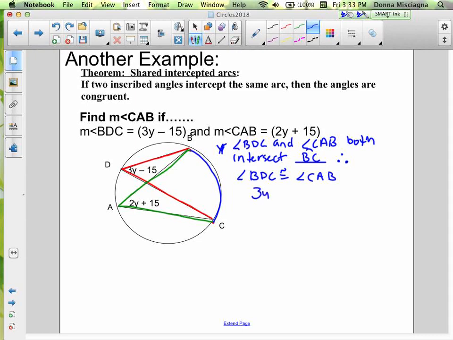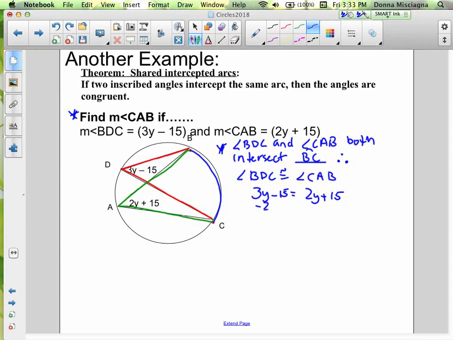So 3y minus 15 equals 2y plus 15. Once we solve for y, we could find the measure of the angles and the arc. It asks us to find the measure of angle CAB, and by the way, the measure of CAB is going to be the exact same thing as BDC.